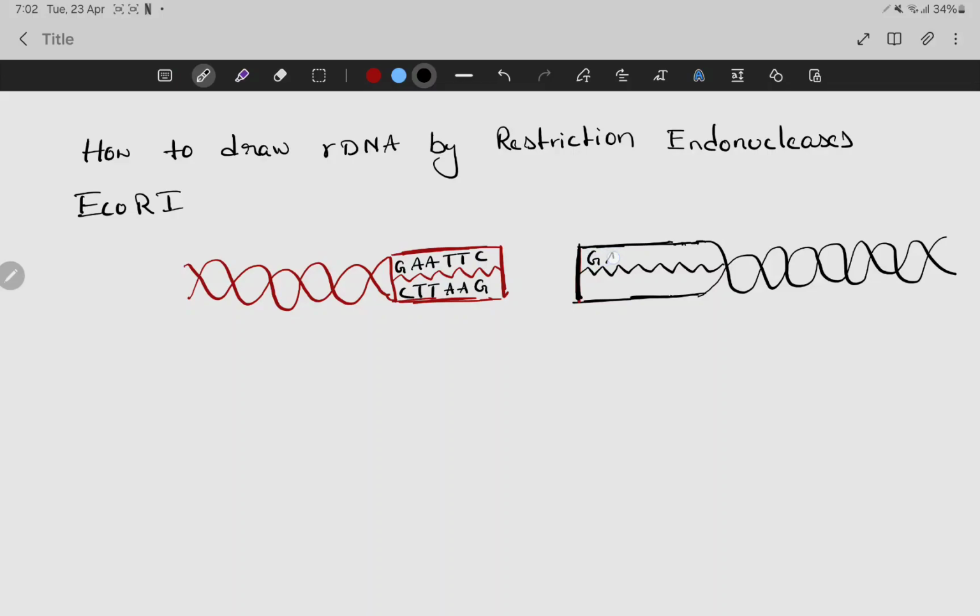Next here also the same palindromic sequence only. GAATTC. So if you see here, this one will be the vector DNA, this one will be the foreign DNA.